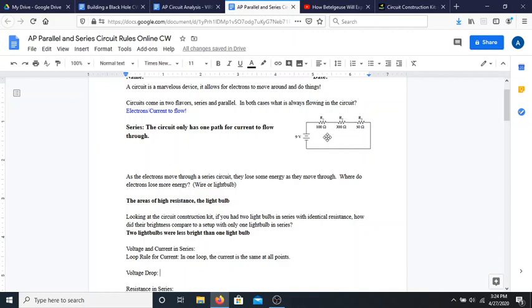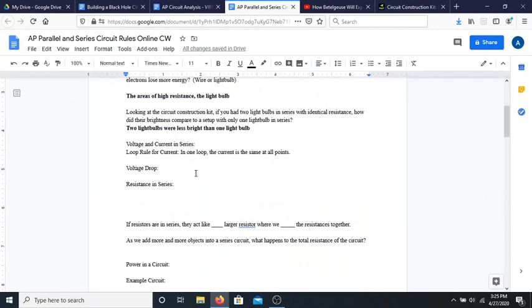So, going back to our waterfall example, if I lift up my electron or my water to the top of the waterfall, by the time it gets to the end of the circuit, it has to have fallen all the way back down the waterfall and gotten back to 0. If it doesn't do that, you start to get a short circuit, and the electrons gain more and more energy, and eventually they just run away and catch things on fire because they have too much energy.